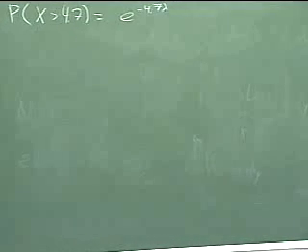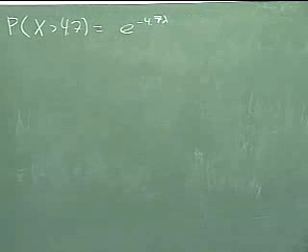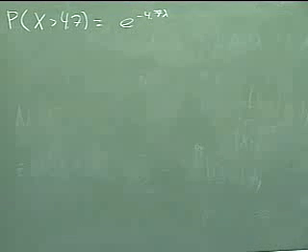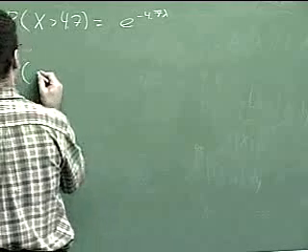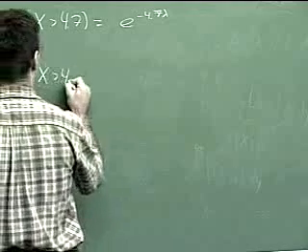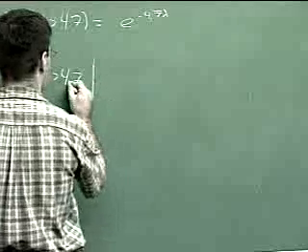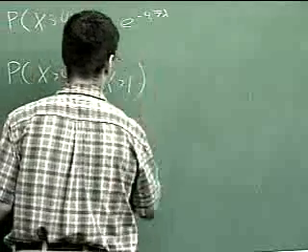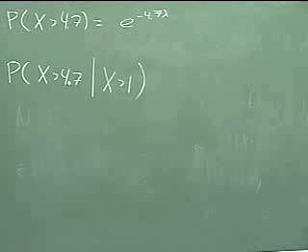Okay? Suppose she's been on the phone for an hour, and I check, and I see that she's on the phone. So if I check after an hour and she's on the phone, I know she's going to be on the phone for more than an hour. Right? So what's the probability that x is going to be greater than 4.7 given that I checked on her at time 1? Okay?